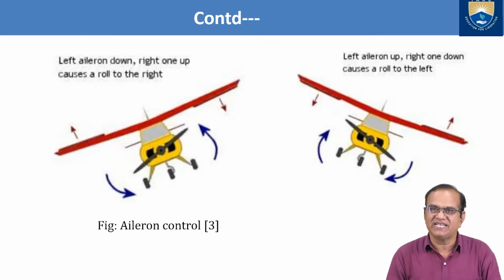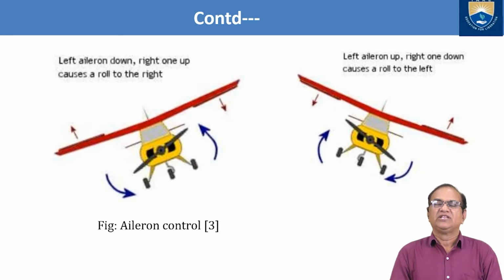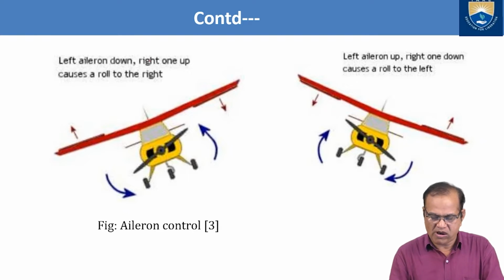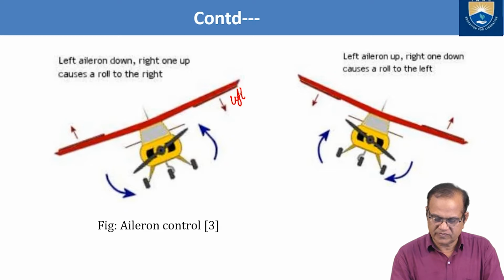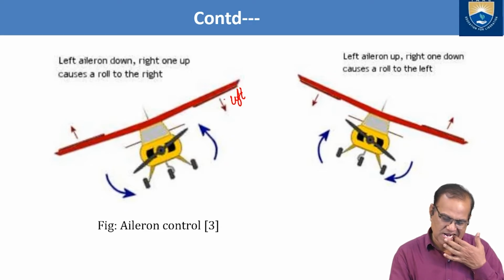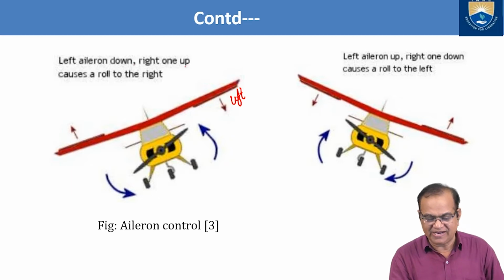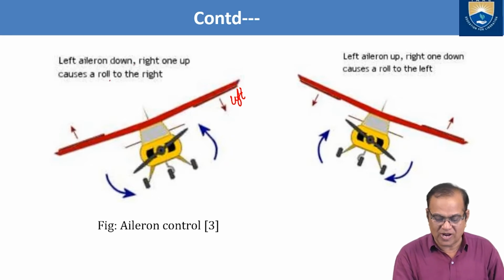This I have depicted here, and I have taken this from reference 3. You can see here that if I want to move left aileron down, this is the left, left aileron down, right up causes a roll to right.